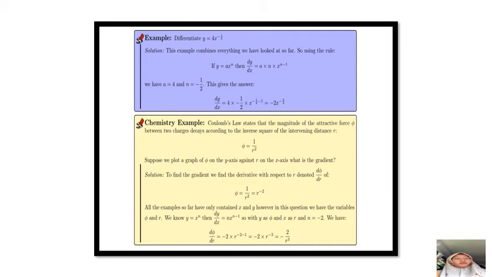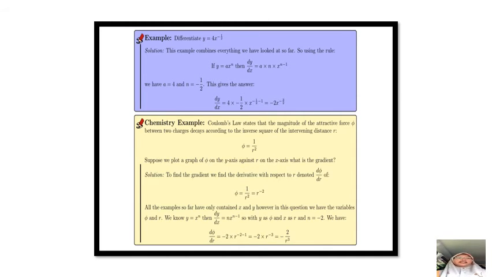Let's say we have a as 4 and n as negative 1 over 2. This gives dy over dx equal to 4 times negative 1 over 2 times x power of negative 1 over 2 minus 1. So the answer we will get is negative 2x power of negative 3 over 2.